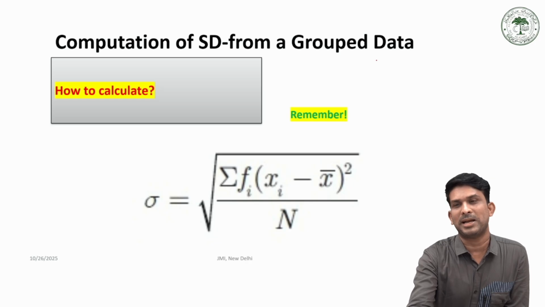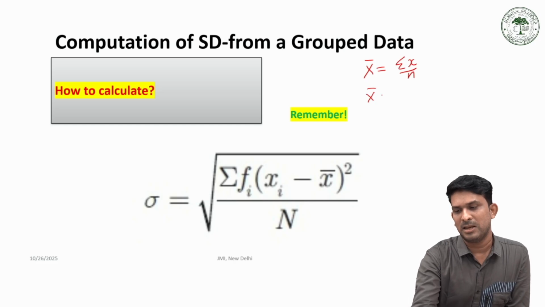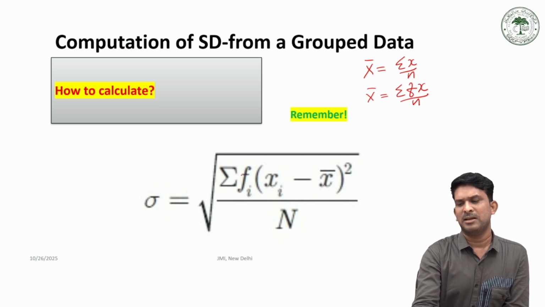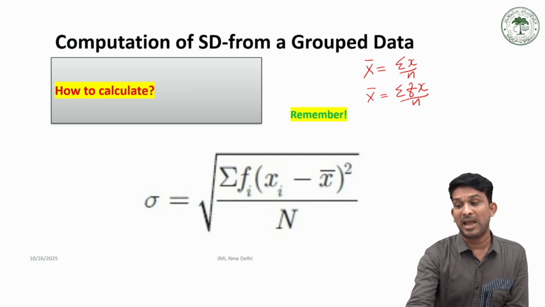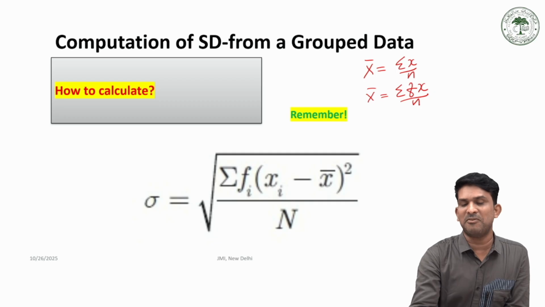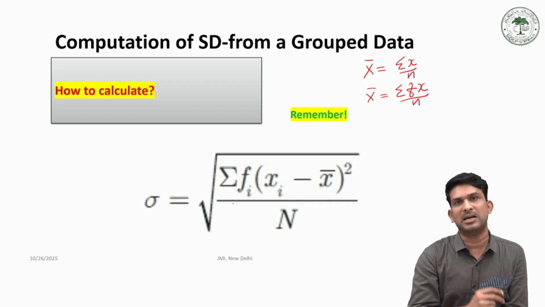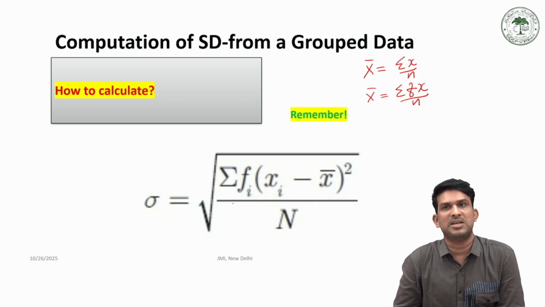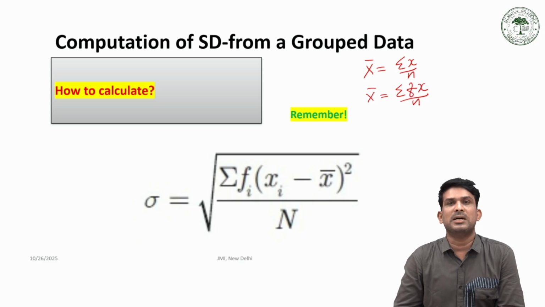For an ungrouped data, x bar or mean is sigma x by n, right? For a group data, what is mean? It is sigma fx by n, right? We added f. Same way we have to add f in the equation of standard deviation.